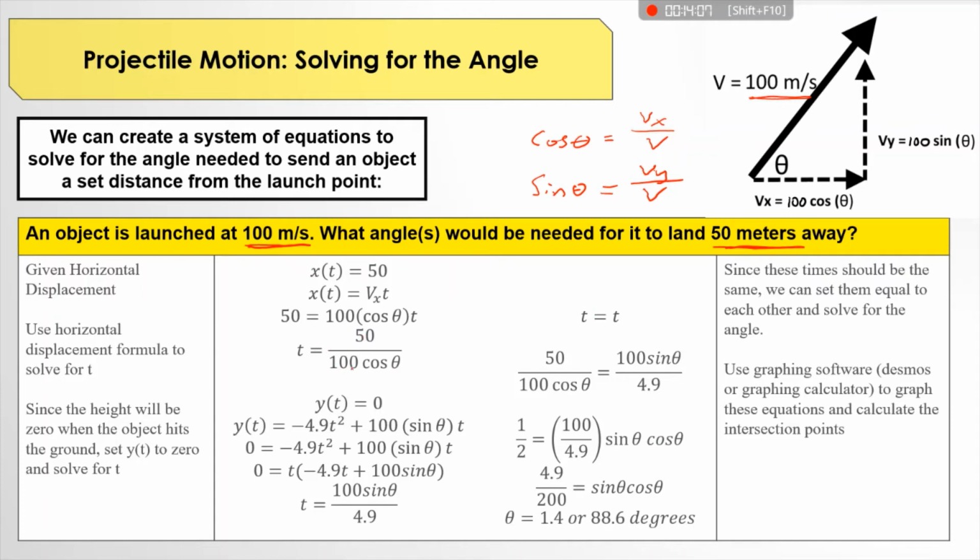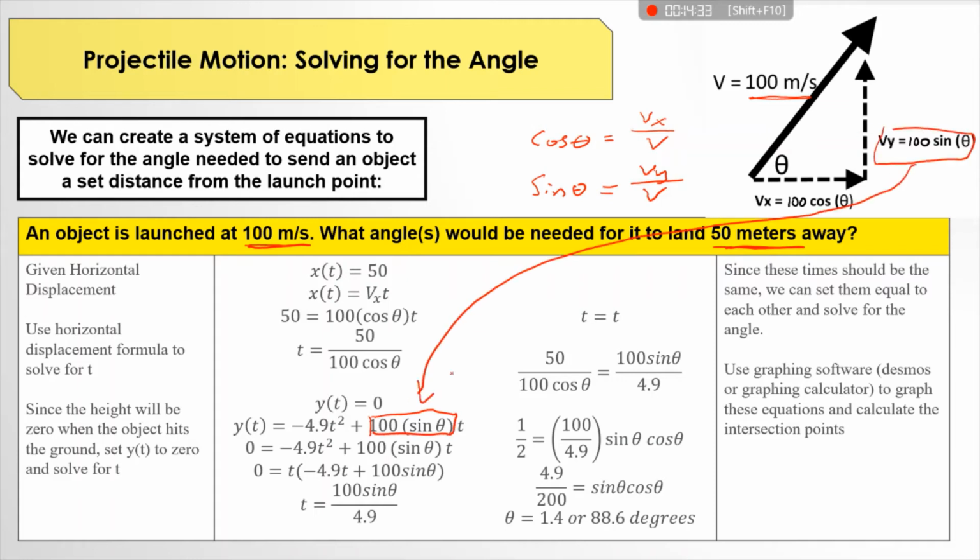Okay, I can also use my vertical displacement equation to solve for time. When the object hits the ground, our height will be 0. So I'm going to set my height equal to 0 and use our vertical displacement equation, which needs our vertical velocity, which we found here.